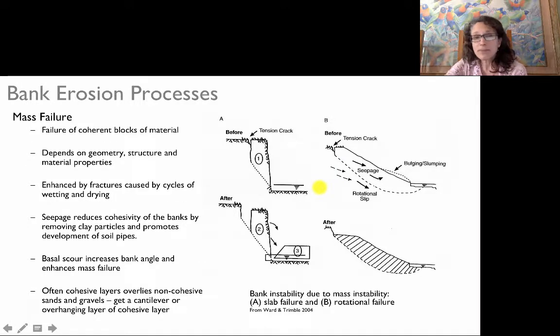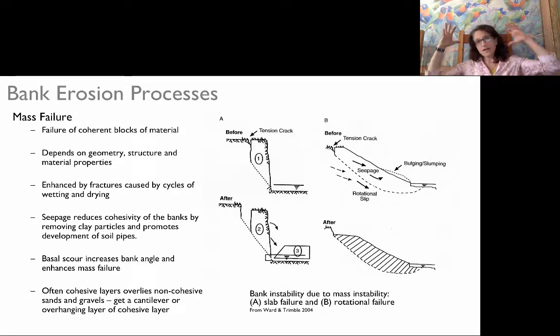Then we can end up with mass failure. So this is just coherent blocks of material actually failing, and they can slide or they can topple. You can end up with rotational failure. Similar to, we talked about landslides when we were talking about hillslope processes, it's still mass wasting, same thing.